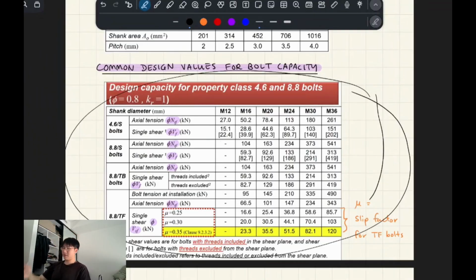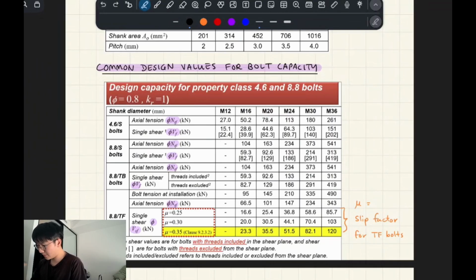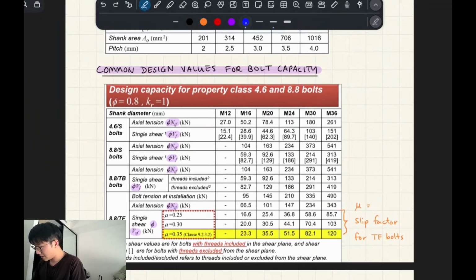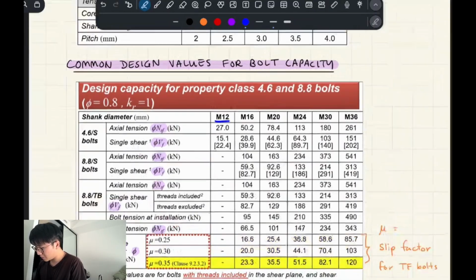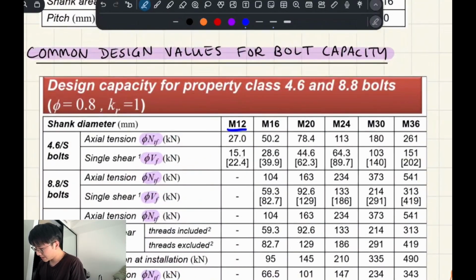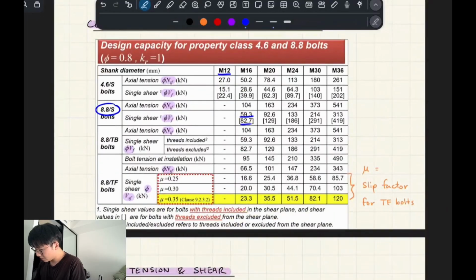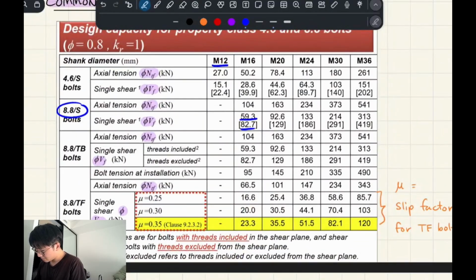Say you want to figure out the shear of an M12 bolt, grade 8.8 for example. You can look at these values in the table, and it depends. Sorry, the value that includes threads is the bottom one, and the other is if there are no threads.